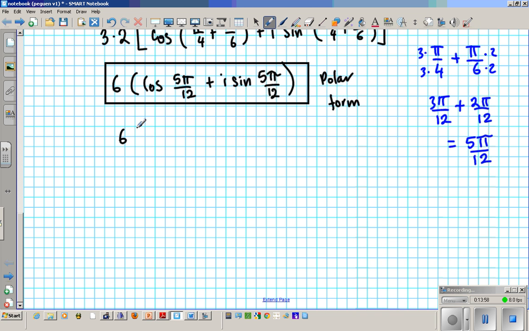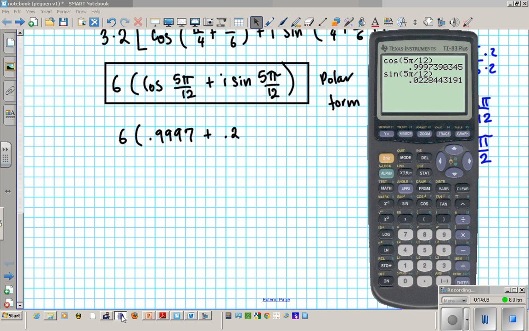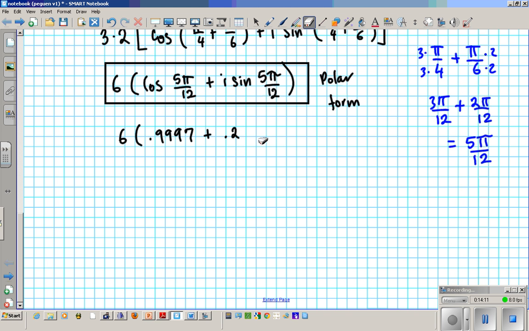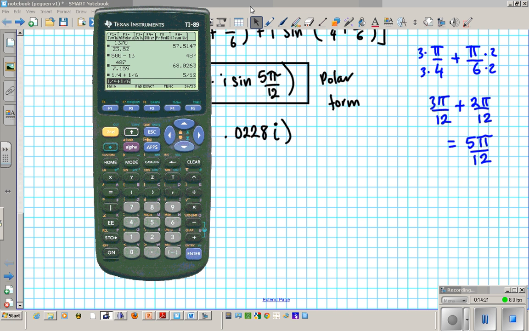Alright, so it's going to be 6 times the cosine value plus I times the sine value, and then you just multiply both of them by 6, and that'll be your final answer.